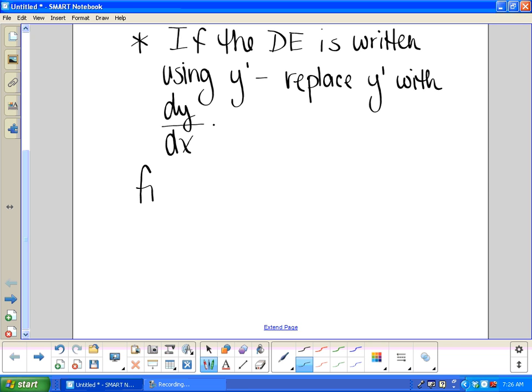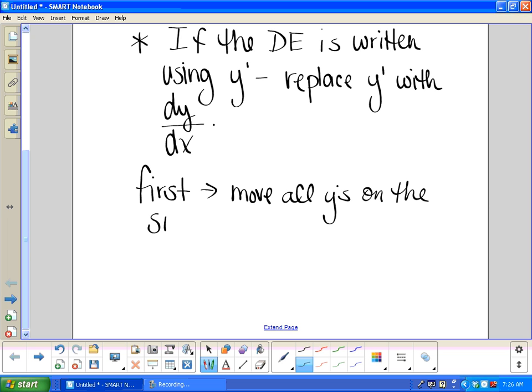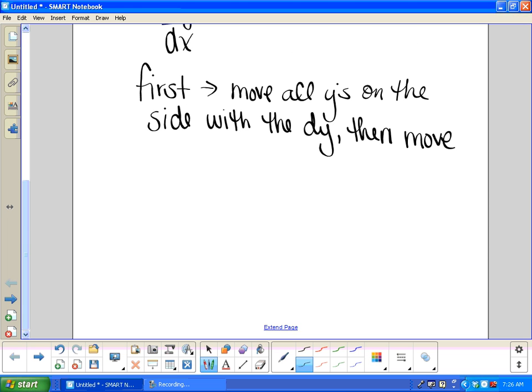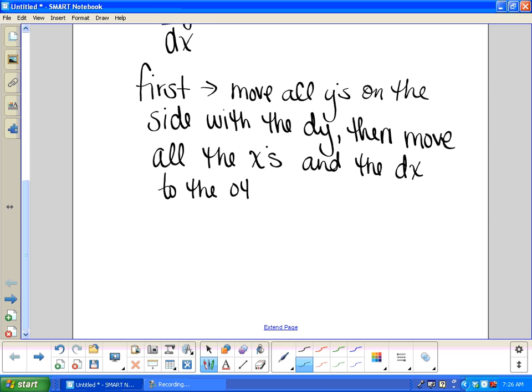So let's say first, of course, after you replace y prime with dy/dx, you want to move all y's and the dy on the side, and then move all the x's and the dx to the other side.